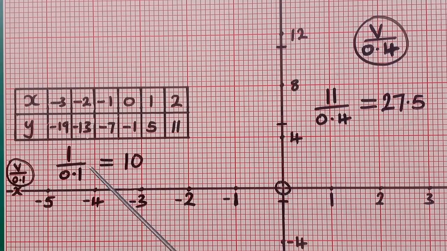Notice also that there is no value on this table corresponding to y that was found already marked along the y-axis. For this 19, we had to carry out calculation before locating it. The same thing happens to 13, 7, 1, 5, and 11. All these 6 values were calculated respecting their positions.